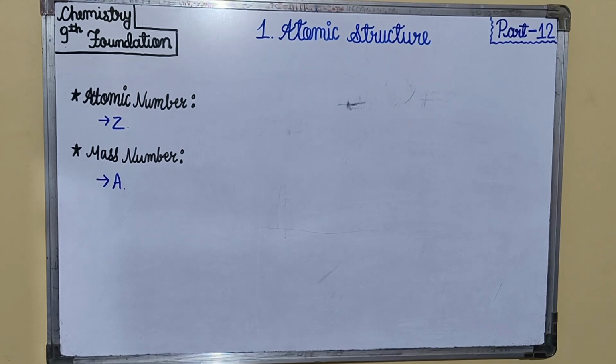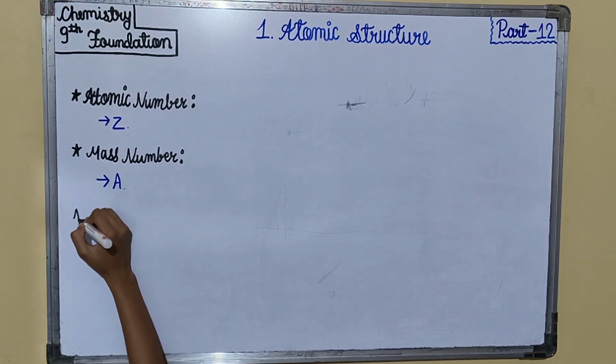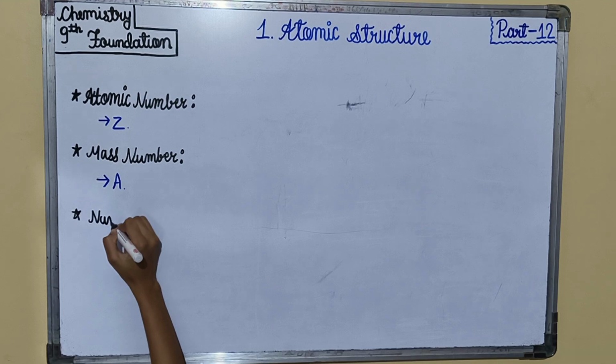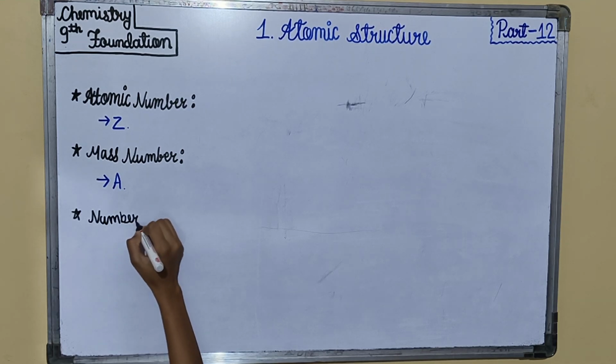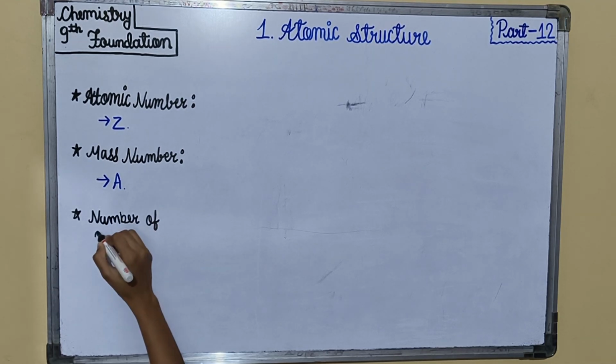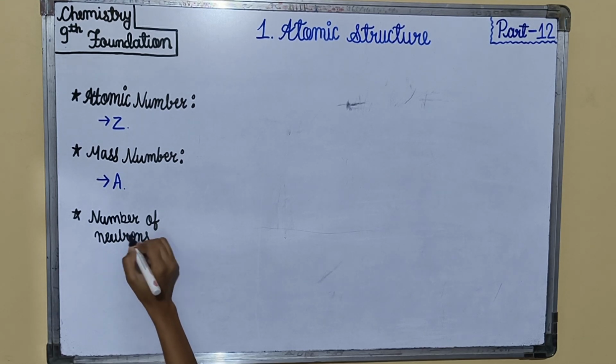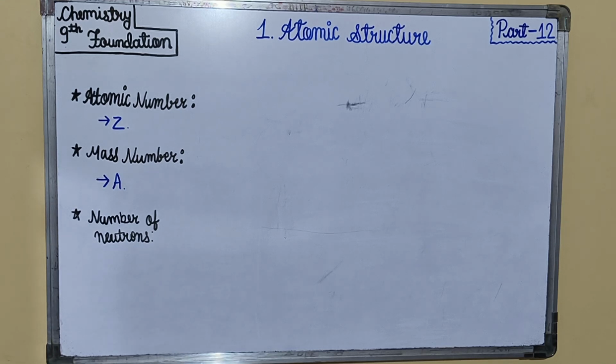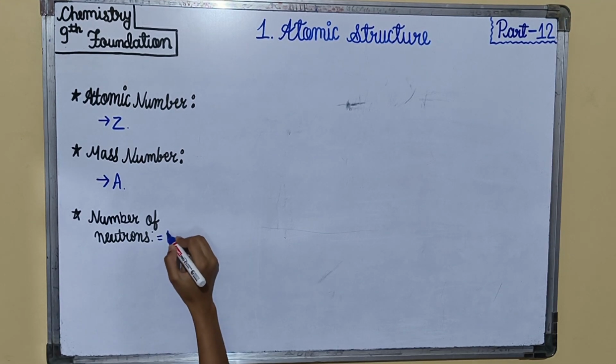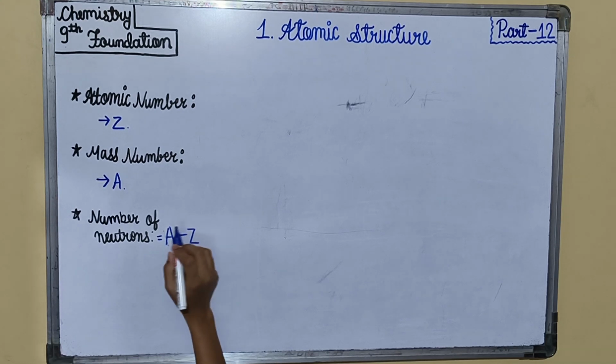And the number of neutrons is mass number minus atomic number. I'll write: mass number is A minus atomic number.